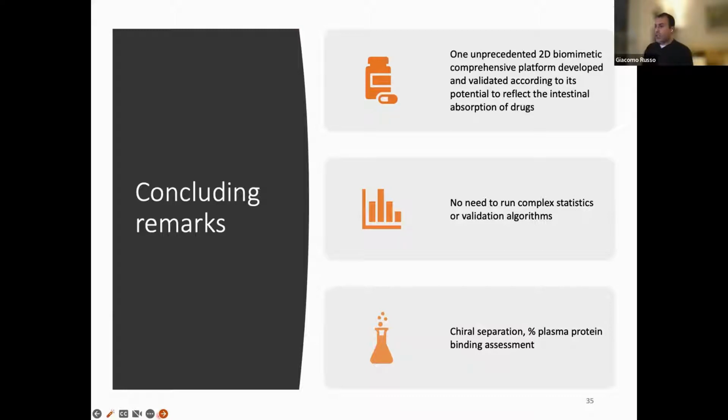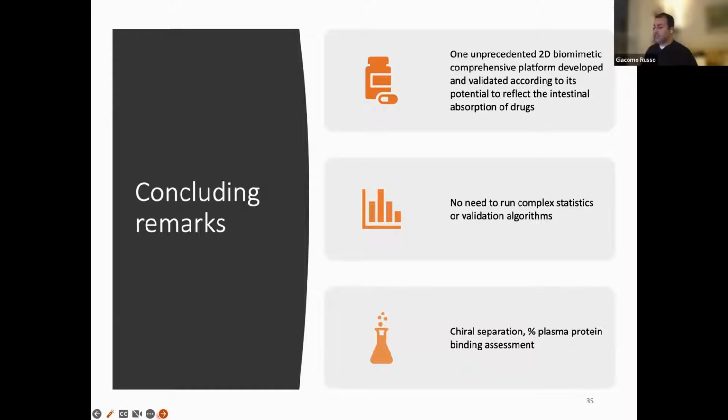Okay, so I've come to actually the end of my talk. To sum up this last part, we developed an unprecedented 2D biomimetic comprehensive platform, which was also validated according to its potential to reflect to some capacity the intestinal absorption of drugs.